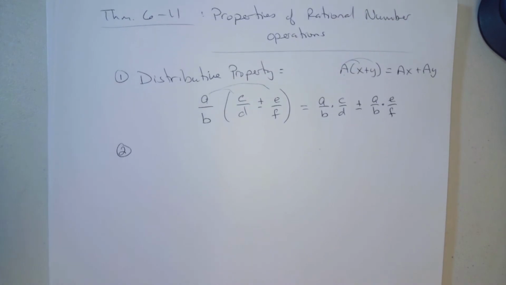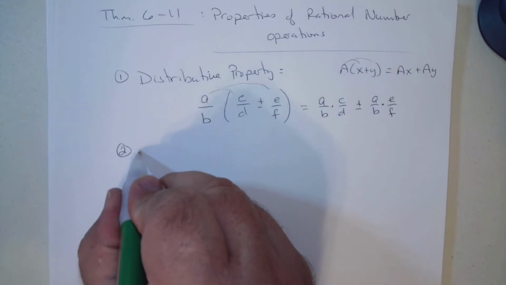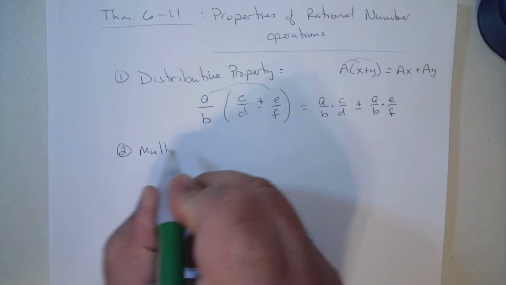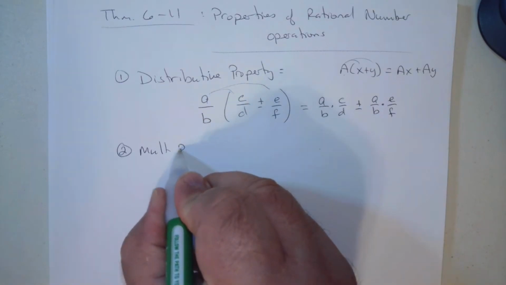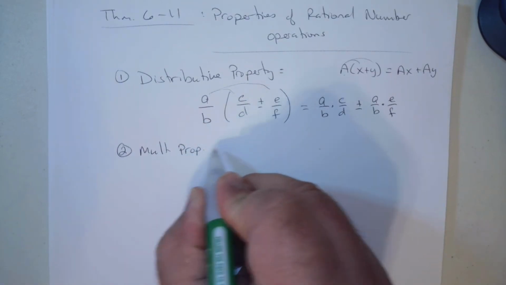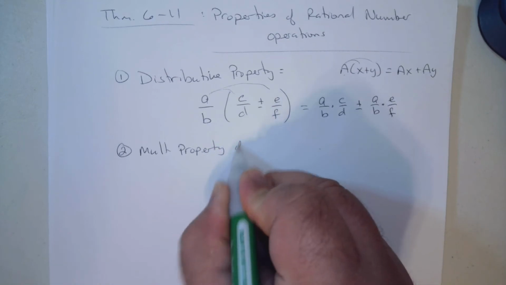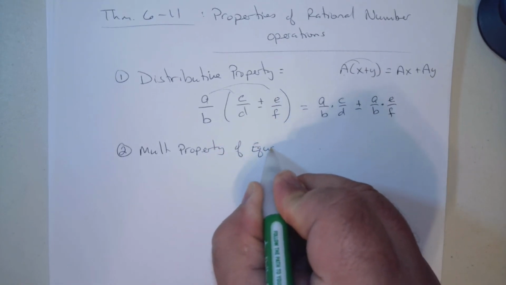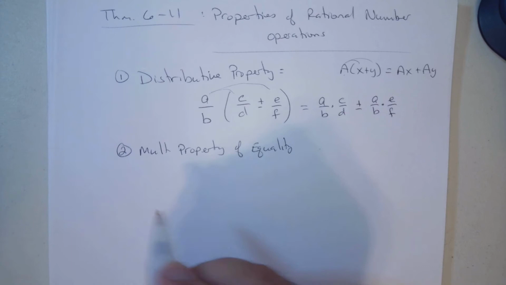Number 2. The multiplicative property of inequality.